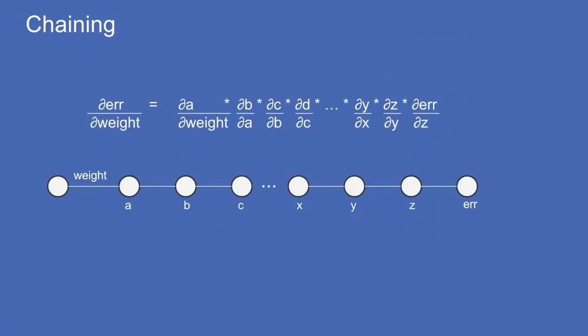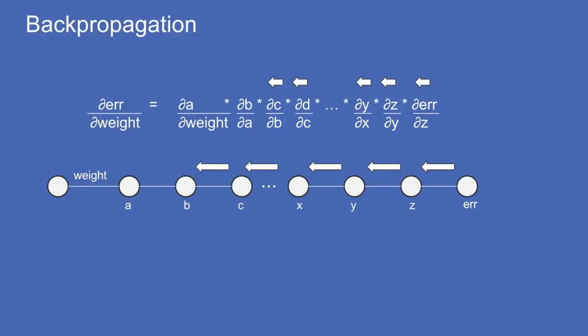So in a deeper neural network, if I want to know how much the error will change if I adjust a weight that's deep in the network, I just calculate the derivative of each tiny little step all the way back to the weight that I'm trying to calculate, and then multiply them all together. This computationally is many, many times cheaper than what we had to do before of recalculating the error for the whole neural network for every weight.